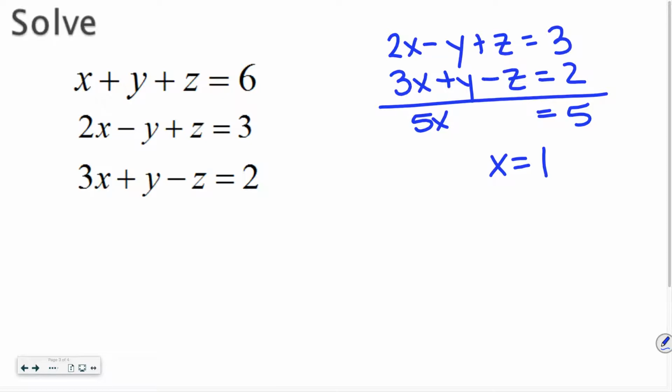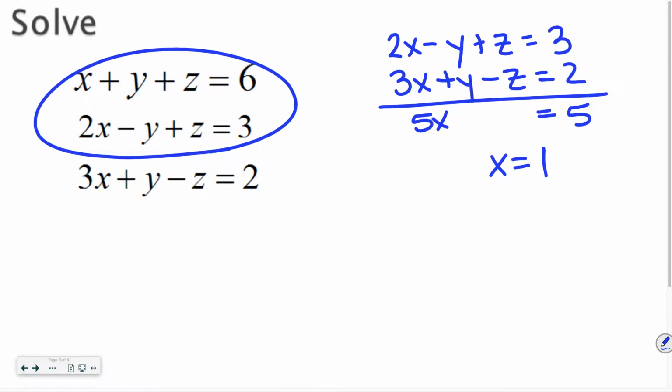Okay. The beauty of problems like this is there are so many different ways we can take to solve a problem, and we can still get to the same answer. Now, what I see is we could combine these two together, right? If I take equation 1 plus equation 2, we would get 3x plus 2z equals 9.